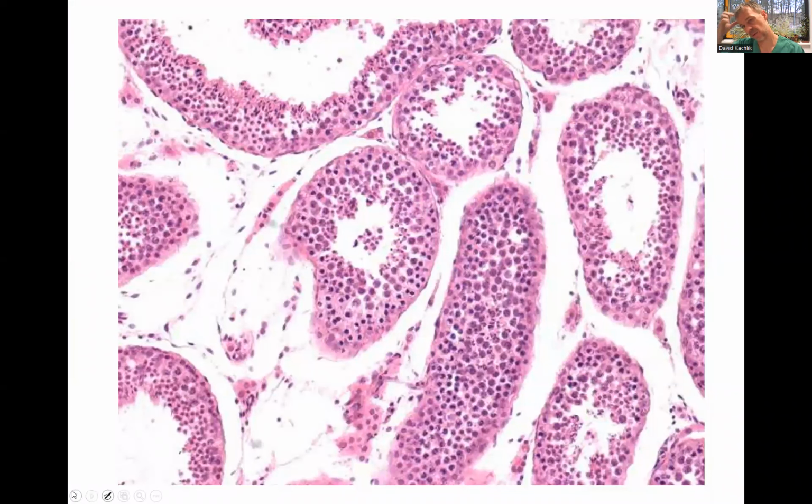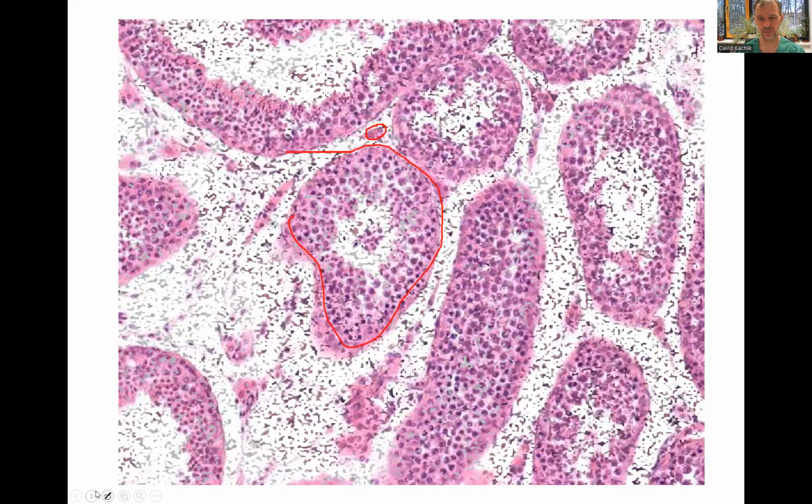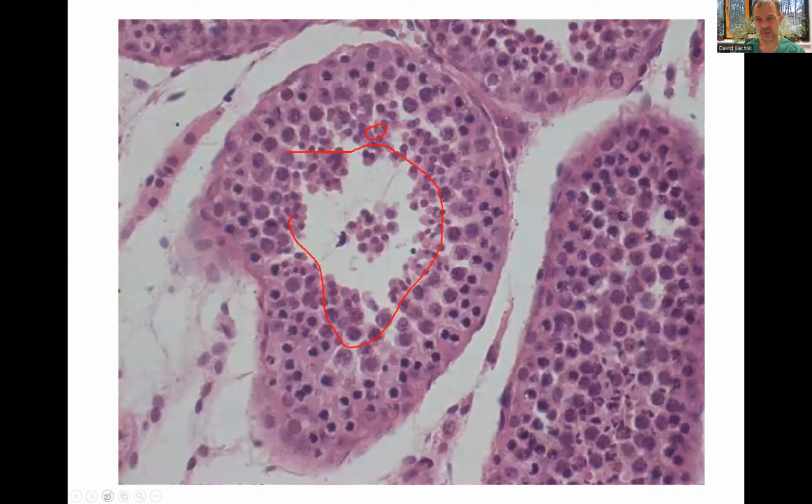And this is how you can see it in your own slides. So a seminiferous tubule here, and then the Leydig cells can be visible in the triangles between tubules. And in here, for example, here are Leydig cells.